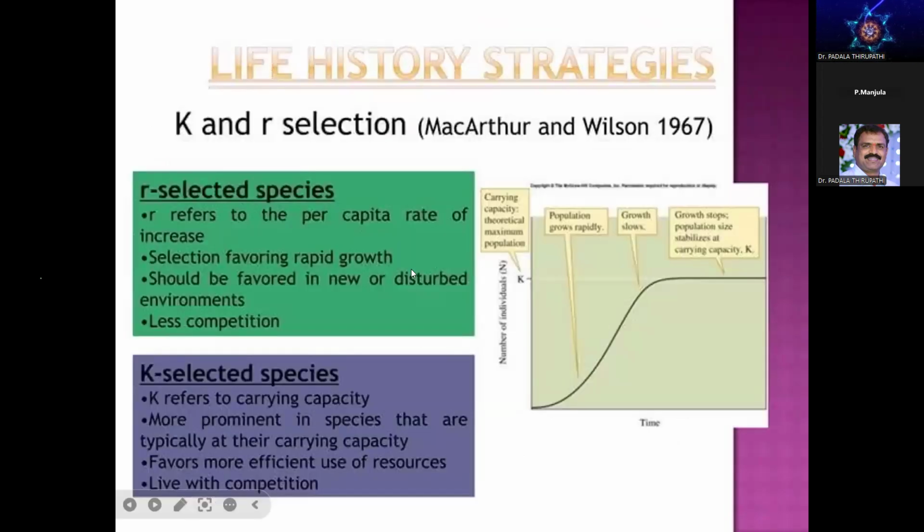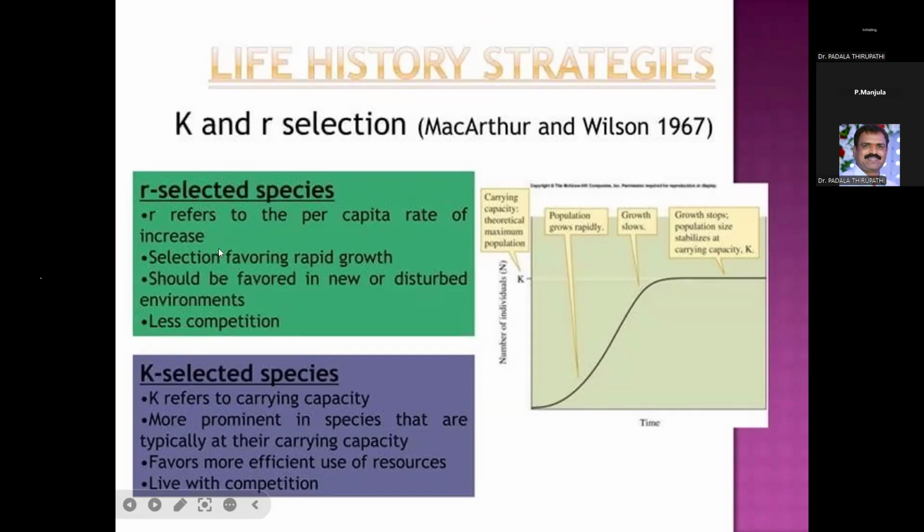Another important topic is the r selected and K selected species, which was given by MacArthur and Wilson in 1962. Here r refers to the per capita rate of increase, that is reproductive capacity, and K means carrying capacity.